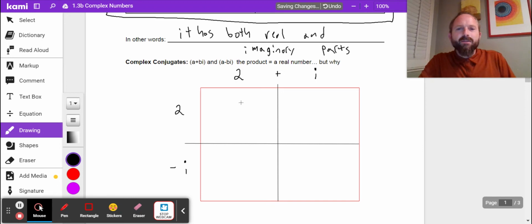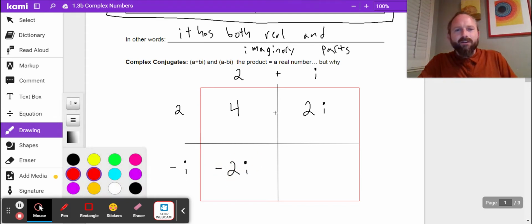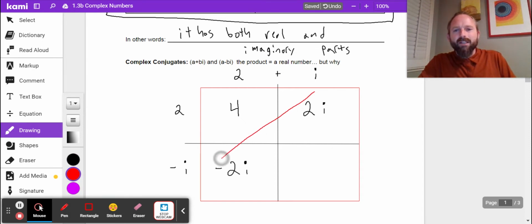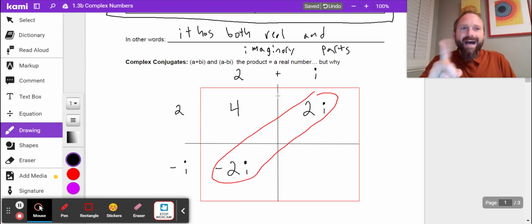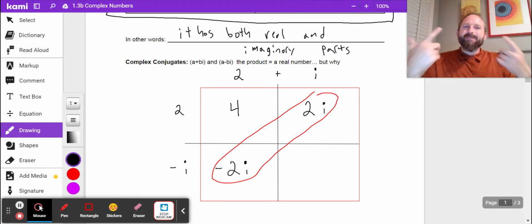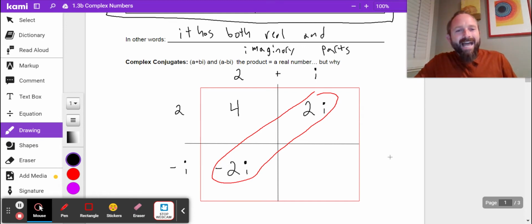So if I go like this, 2 times 2 is 4. 2 times i is 2i. And 2 times negative i is negative 2i. Now we might be like, hey, look, 2i minus 2i will cancel out, and we're left with 4. But then you go, wait, what about those i's? We still have to multiply them. Well, what's i times i? If you remember from last time, i squared is what?